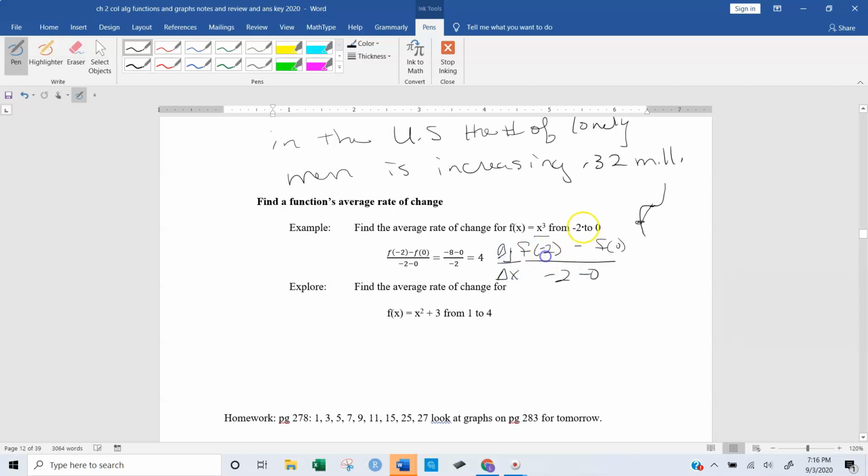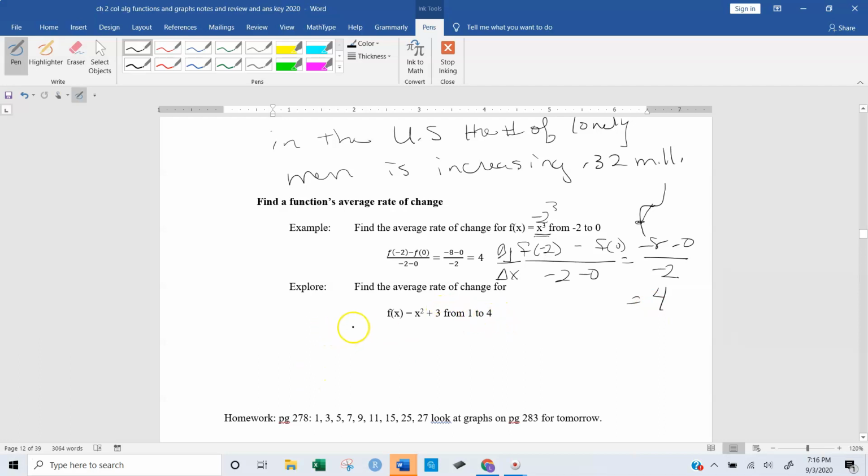So we just plug the -2 into x cubed. Well, -2 cubed is what we have here, is -8 minus, well, that's just 0, right? Anytime you plug in 0 to x cubed is 0, all over -2. So -8 divided by -2 is 4. So our average rate of change is 4. Okay, pause and try yours.